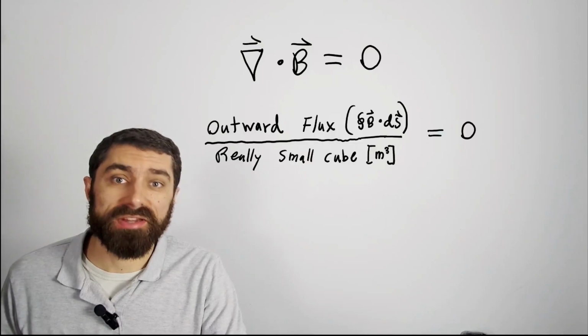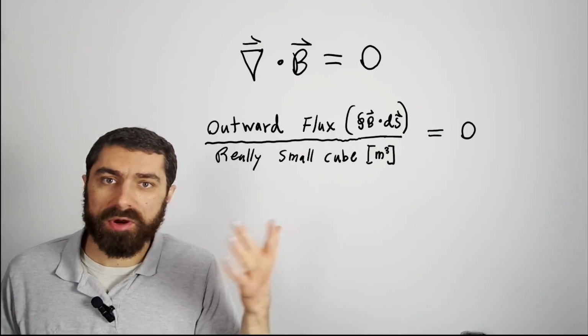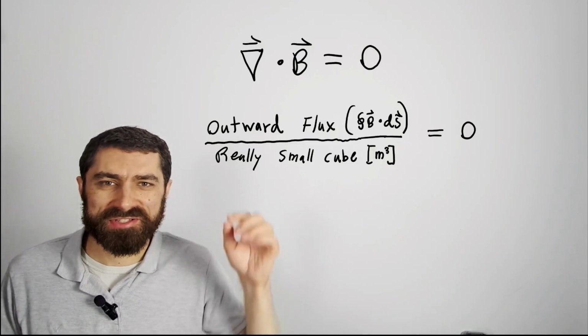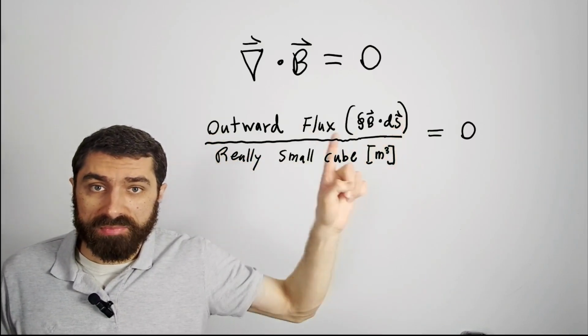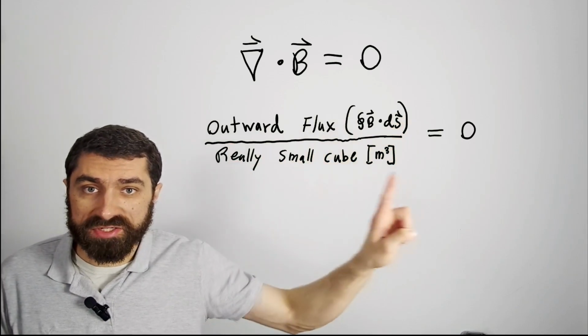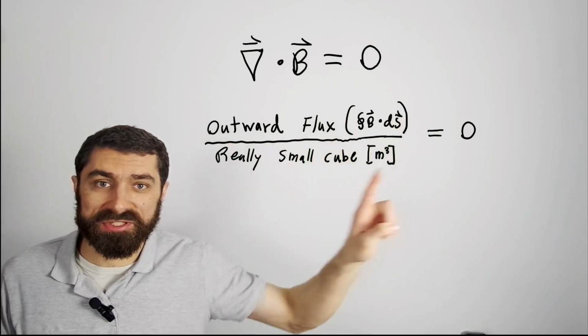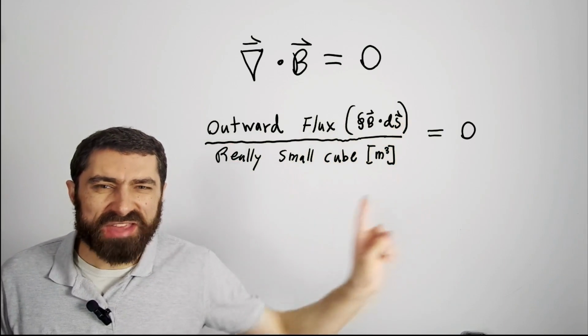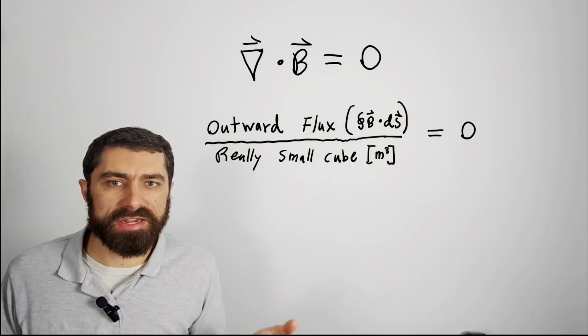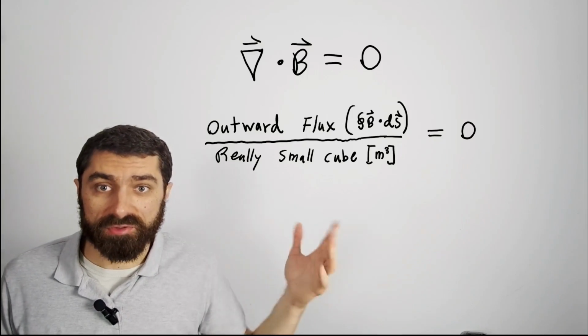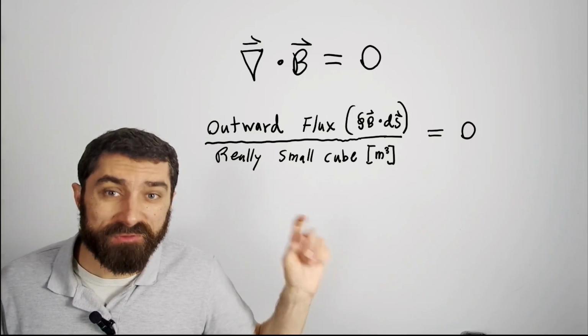So what is this saying? Going back to our definition of divergence, it's the outward flux, B dot dS, per really small cube, and it's saying that that is equal to 0. That's unlike Gauss's law for electric fields, where it's equal to rho v.